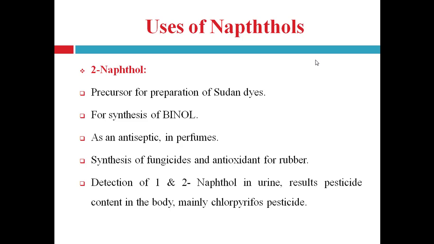If in a urine test the presence of 1 and 2-naphthol is detected, then it shows that a pesticide is present in the body, especially chlorpyrifos pesticide.